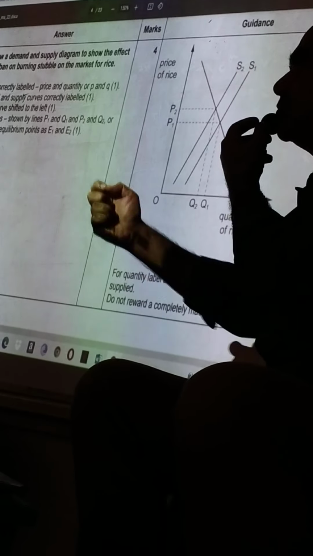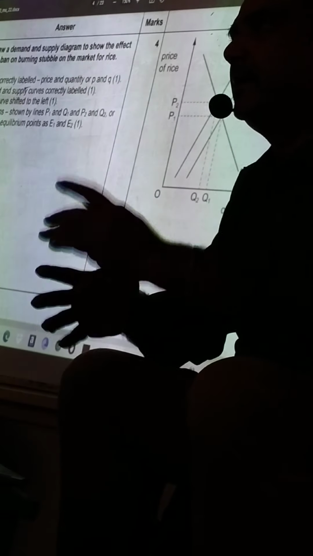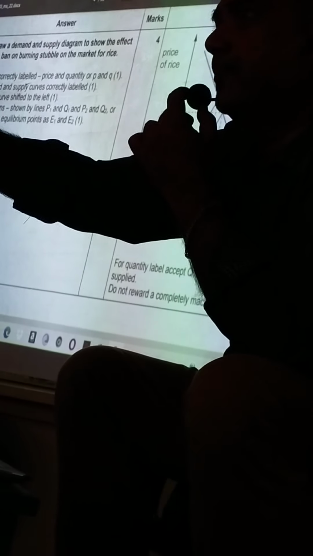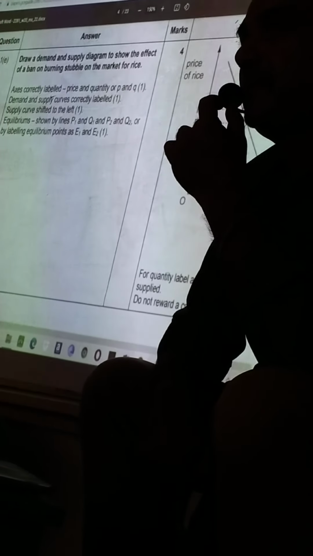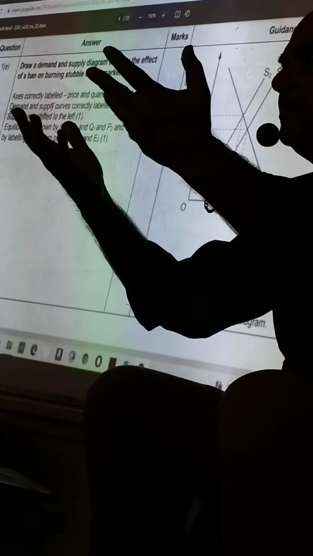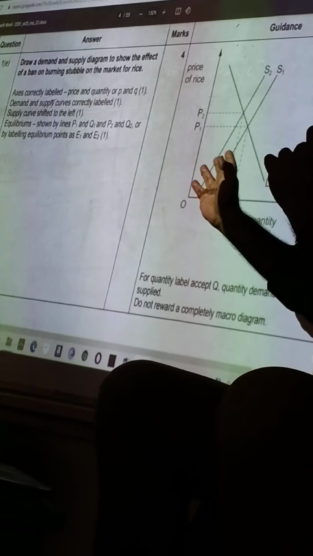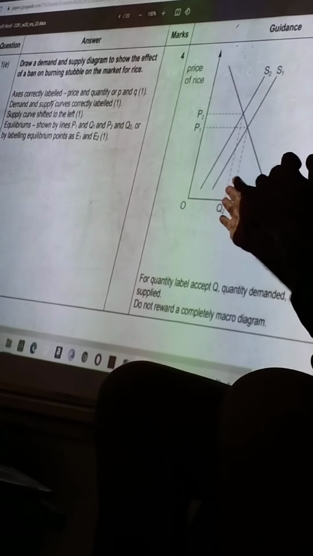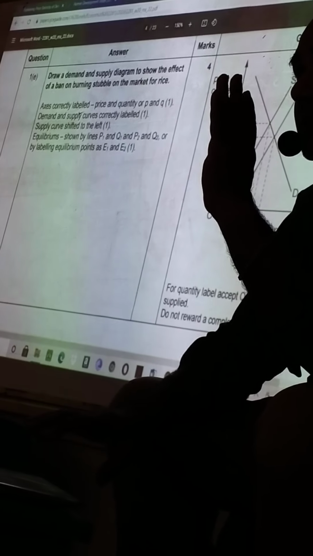Because of a slight careless error, your diagram has gone wrong. But if you have a supportive statement, then the examiner may give you some marks. Why? Because he thinks that the student knows that there is a shift in the supply curve, but because of carelessness, he has drawn the supply curve and the demand curve in the wrong direction. Got it? Clear?